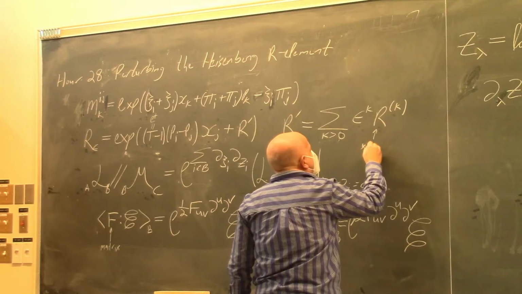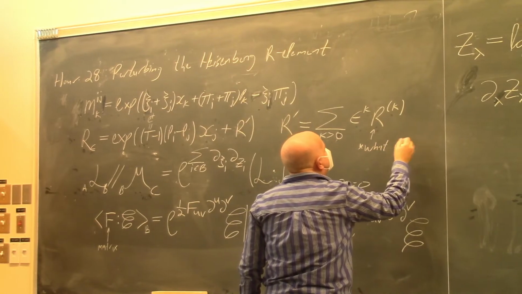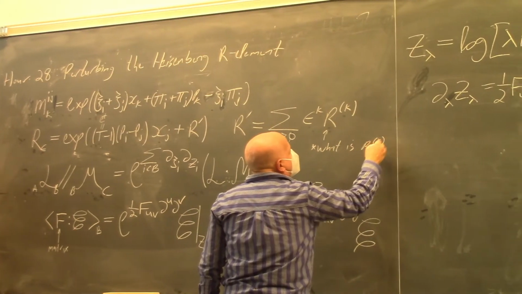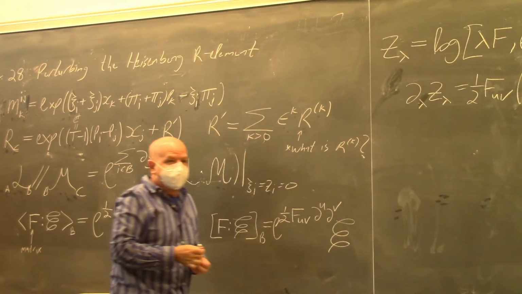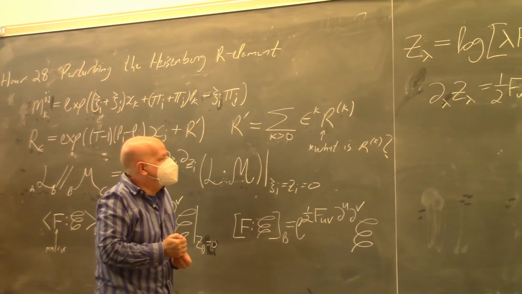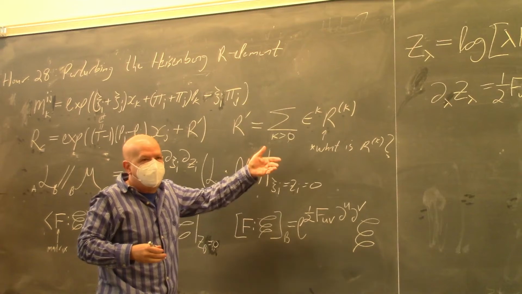First of all, what is Rk? So if I want to perturb, I want to find these coefficients, R up k.